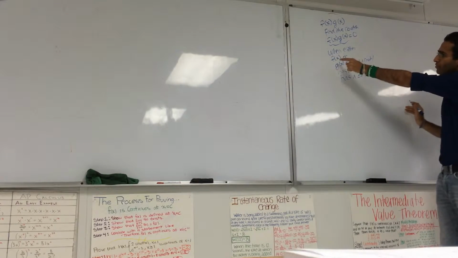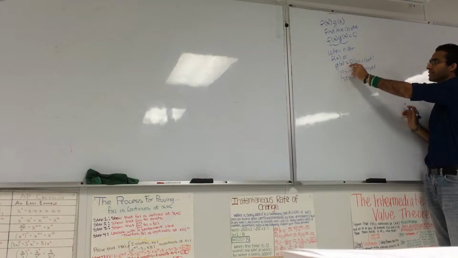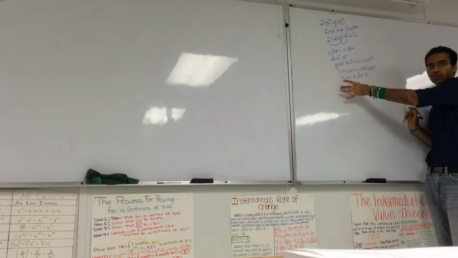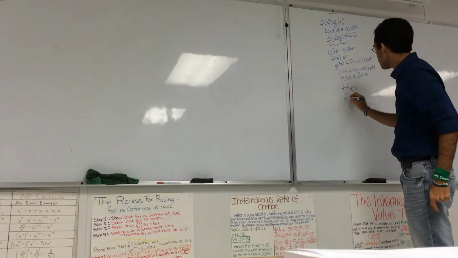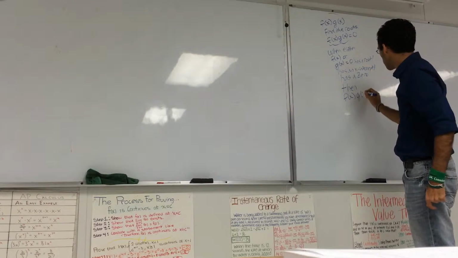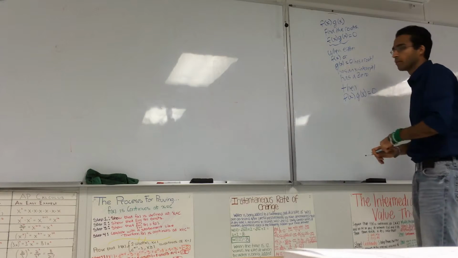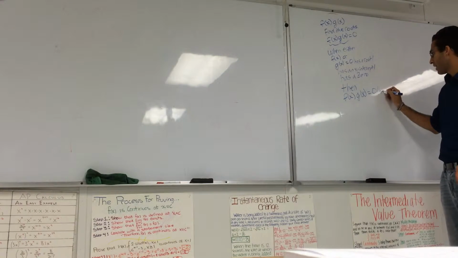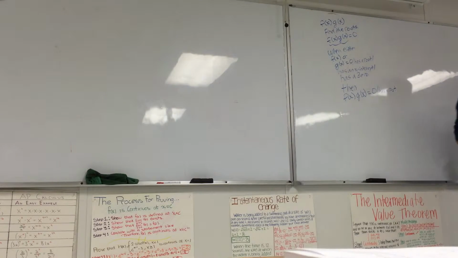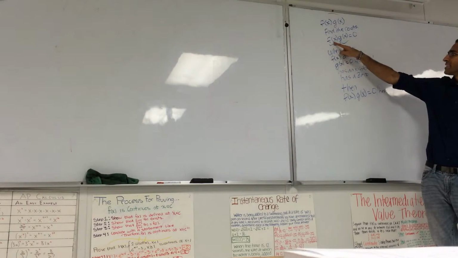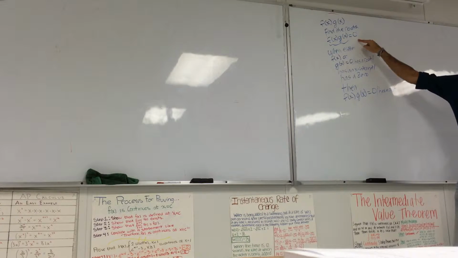Whenever either f of x or g of x has a root, then f of x times g of x equals 0, has a root. Crucial to understand this concept, because 0 times anything is 0.